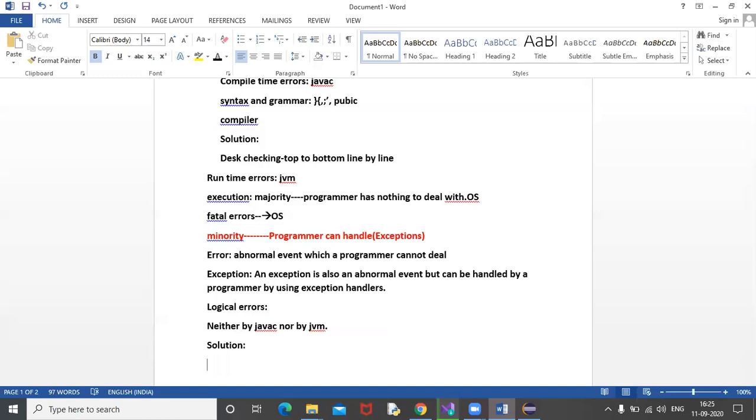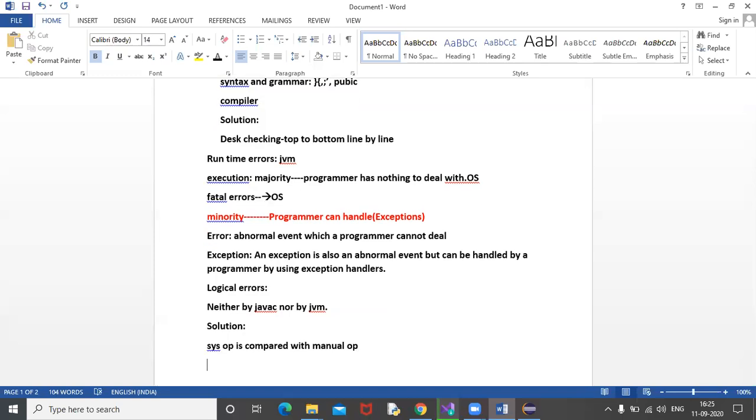See, system output can be compared with the manual output, isn't it? The system generated output is compared with the manual output. For example, you are calculating simple interest using a Java application, and unfortunately you got 900 rupees only.